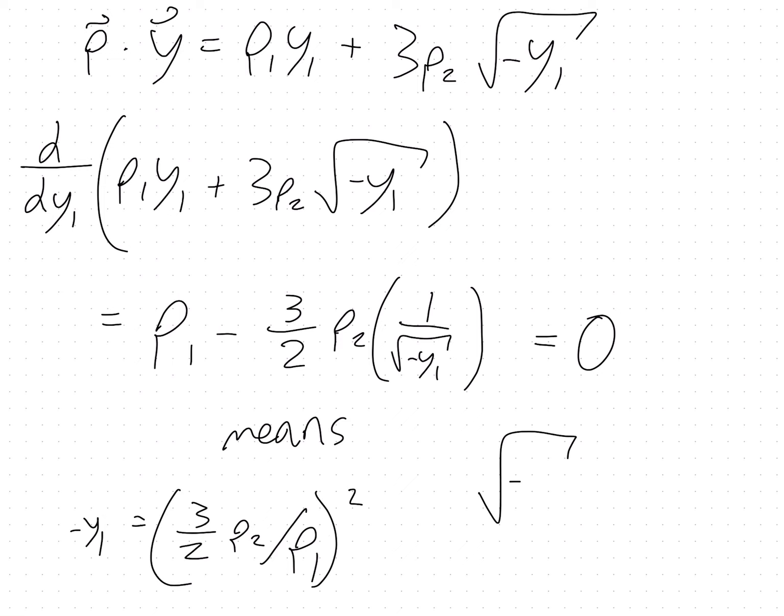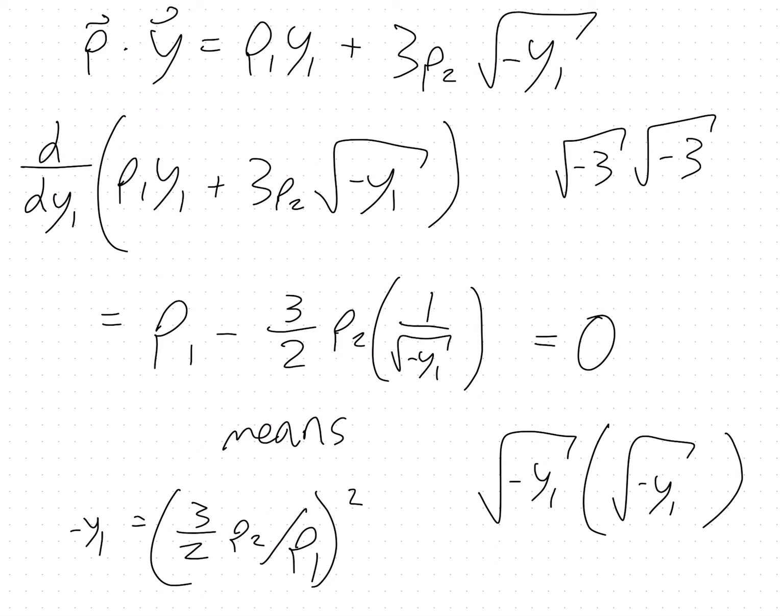And now I want to point out that if you have something like this, it is just normal multiplication, you're doing this twice, and so it does not make this a positive sign. For example, the square root of negative 3 times the square root of negative 3, or I guess I'll do square root of 3 times square root of 3.